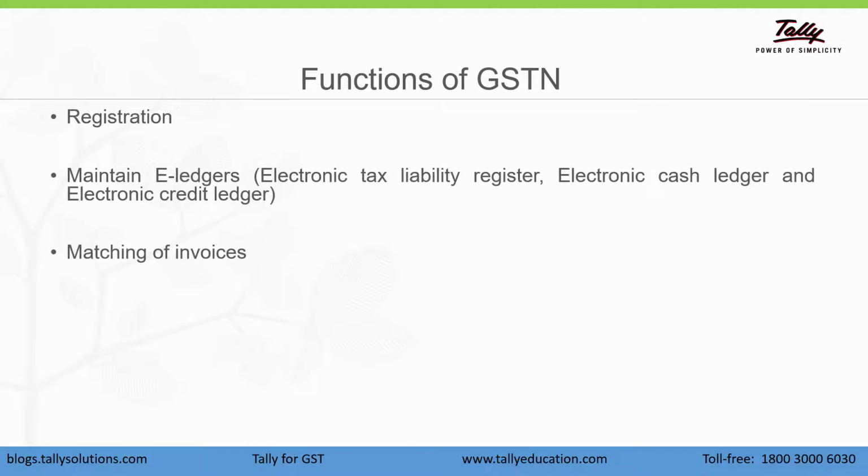GSTN will match the invoice-wise details furnished by each taxpayer and the corresponding recipients, and on this basis, input tax credit claim of the recipient will be accepted or reversed. GSTN will match each taxpayer's tax payment details with the respective banking networks.